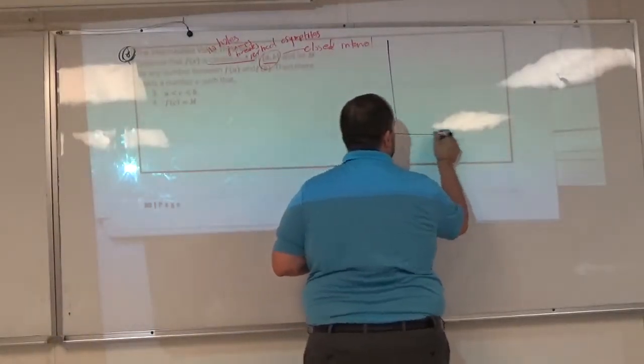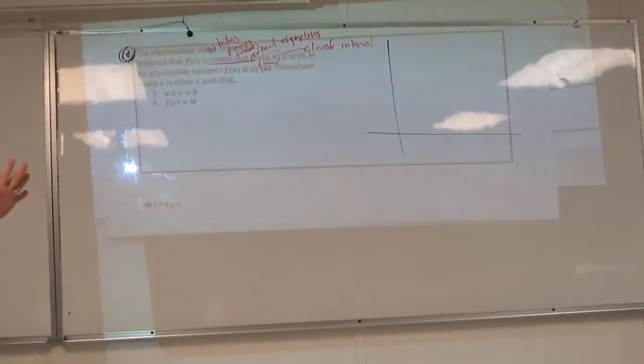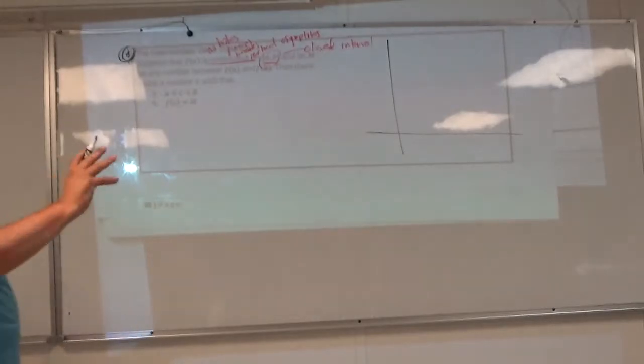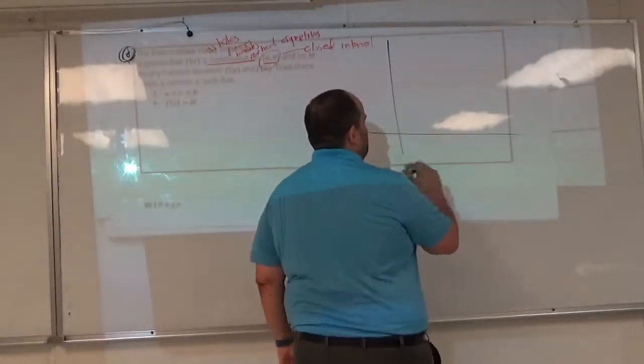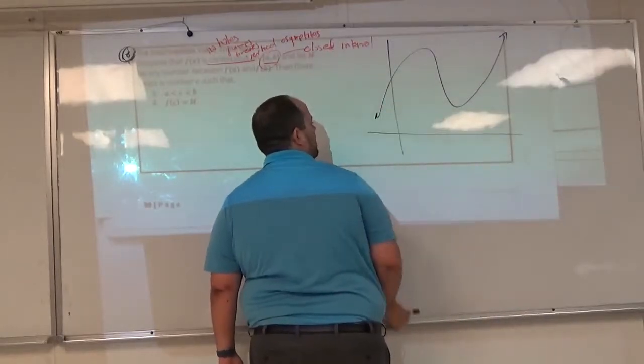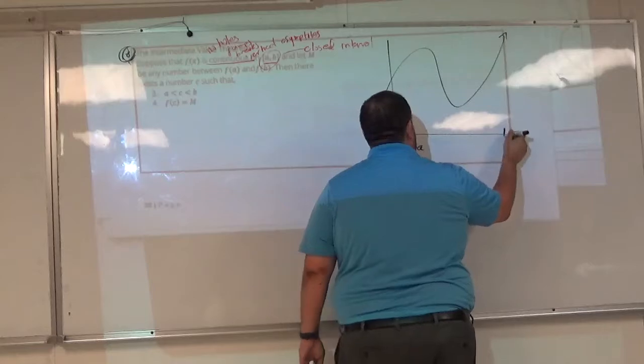There's some markers in the middle of the table if you want to get a really pretty picture. I want you to draw any continuous function. You want to get all sexy and exotic and it does something like that. That's great. It can't have zeros? I never said that.